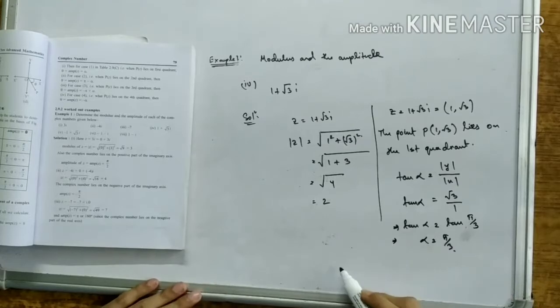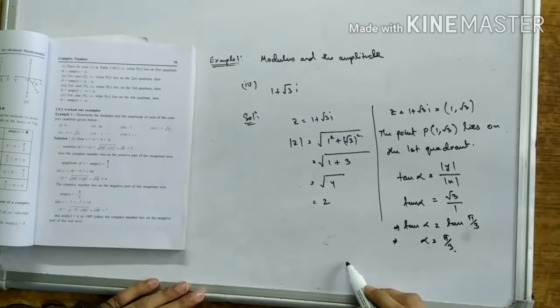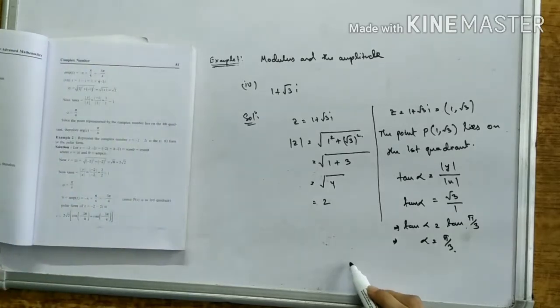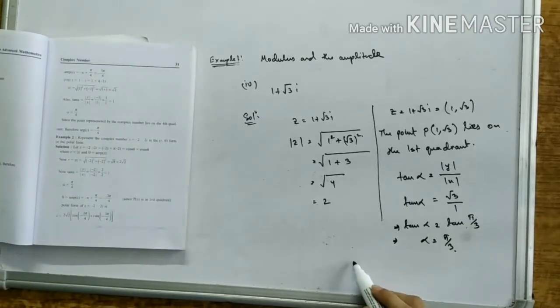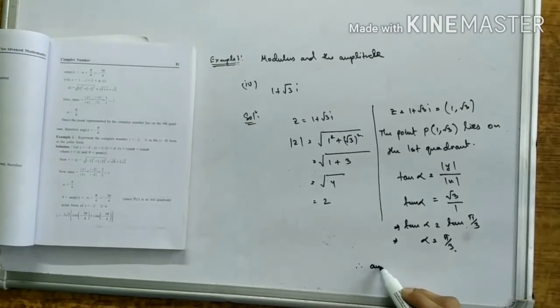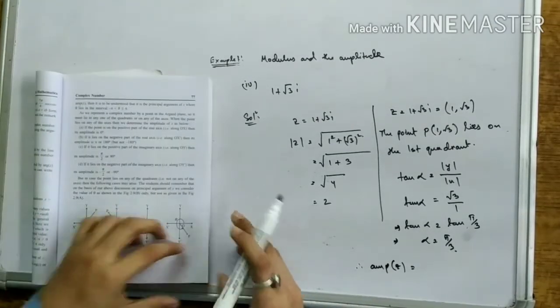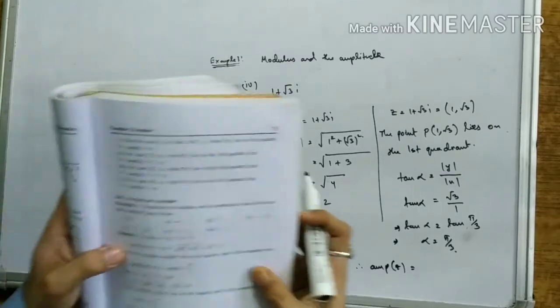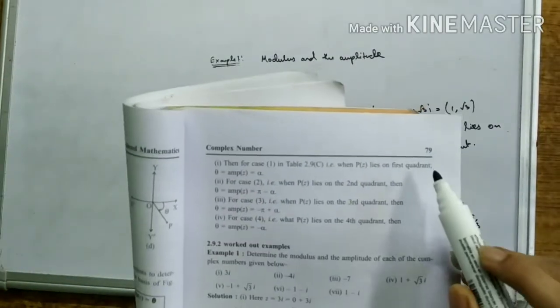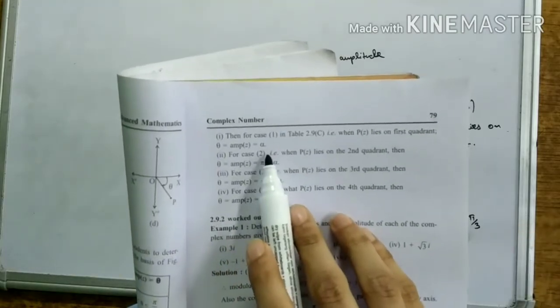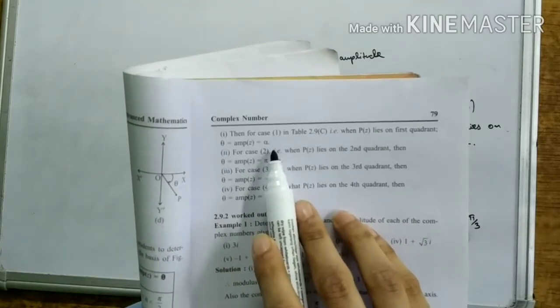Understand? So therefore theta is equal to pi by 3. So therefore the amplitude of Z: here it is given, if the point lies in the first quadrant, then the amplitude of Z is equal to alpha.